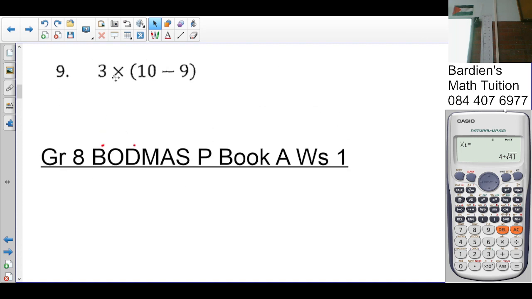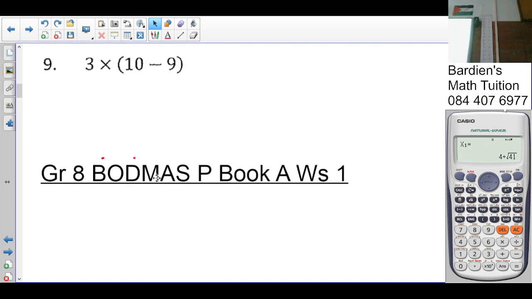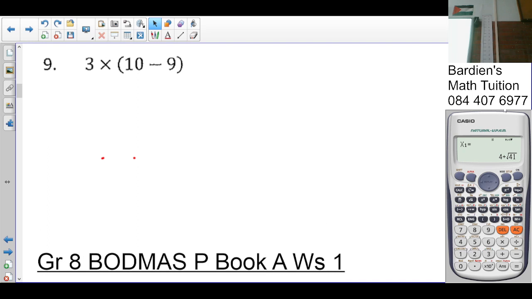Number 9. This again brackets and subtraction, multiplication as well. So what must be done first? Brackets. Okay, so you see me underlining. Why do I underline? Just to show that's my first step I'm going to do. Do I have to underline? No, you don't have to.